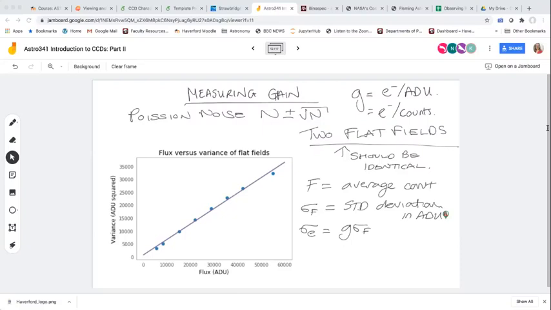But I already said that this is just Poisson counting noise, so the electron noise is also just the square root of the number of electrons. So on this side we've got electron count noise, and this is just the number of electrons.